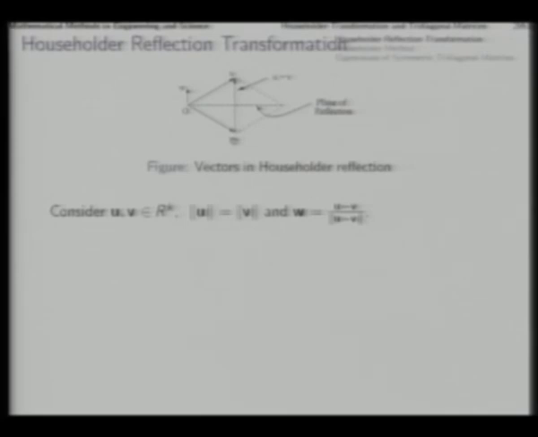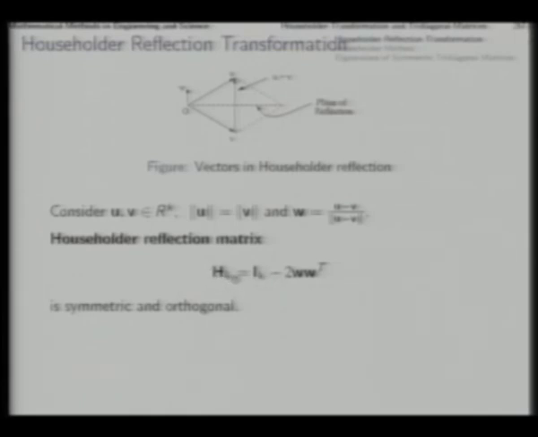Now, with this w in hand, let us construct this matrix Hk, which is a k by k matrix formed by subtracting the matrix twice w w transpose from the identity matrix. This matrix is called the Householder reflection matrix.